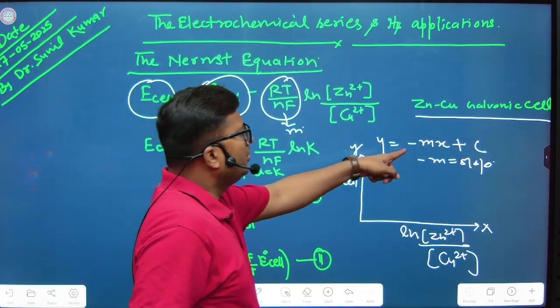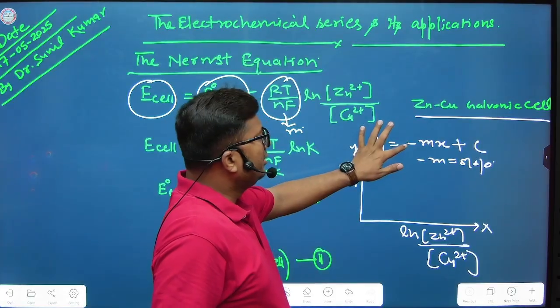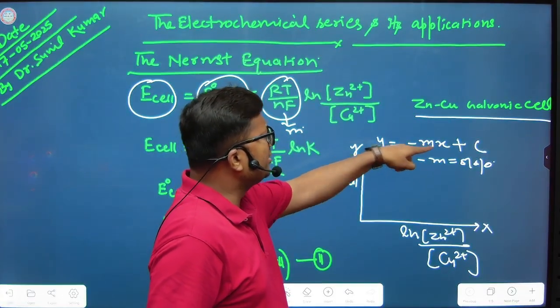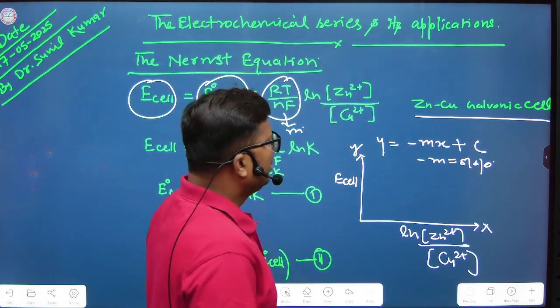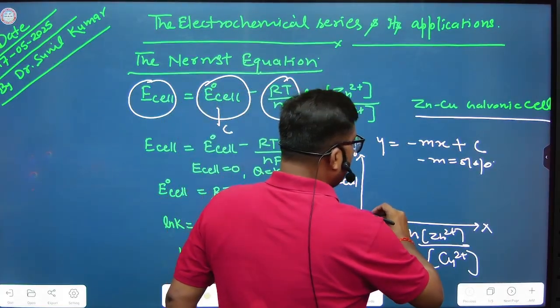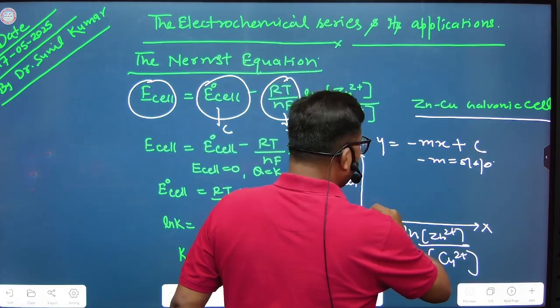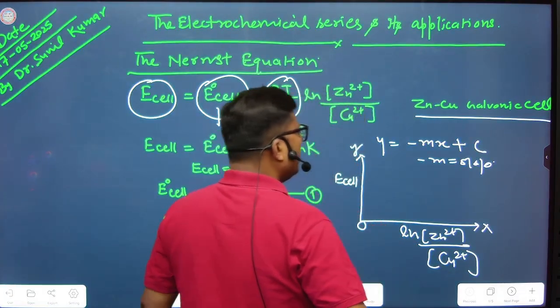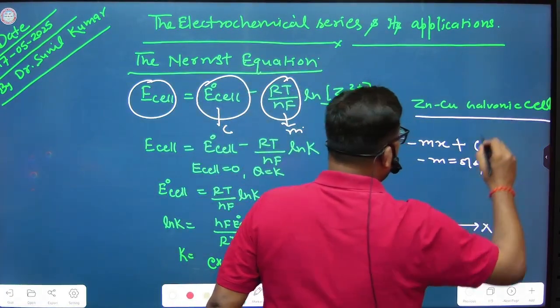Because the minus sign is fixed in this equation, the linear line does not go from the origin point in the positive direction.